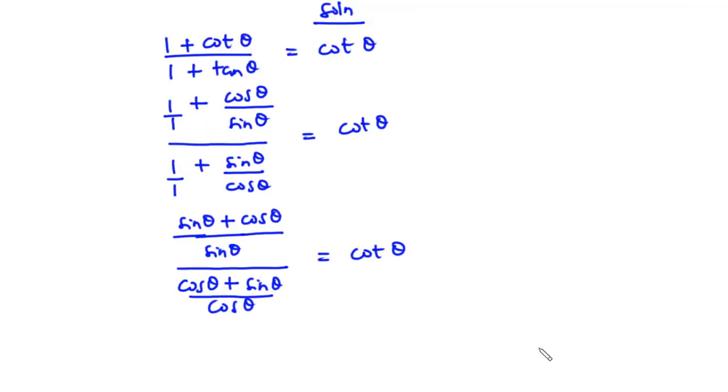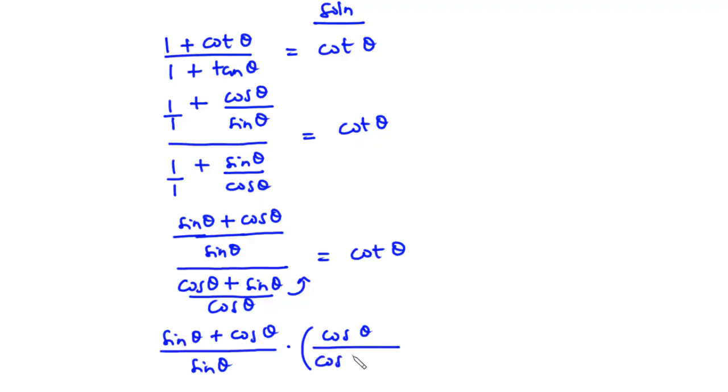At this point, we are going to flip the denominator so that we have sin theta plus cos theta divided by sin theta times cos theta over cos theta plus sin theta. Let's continue the solution here.